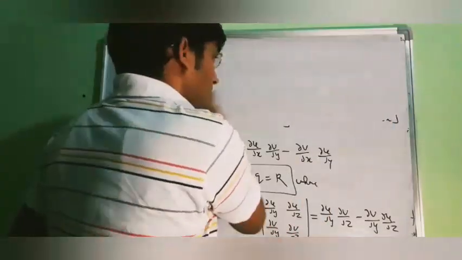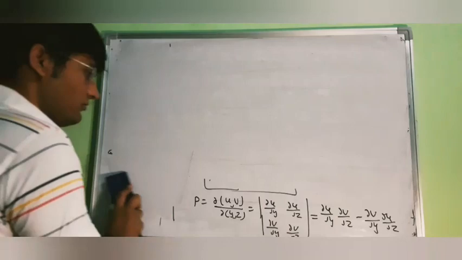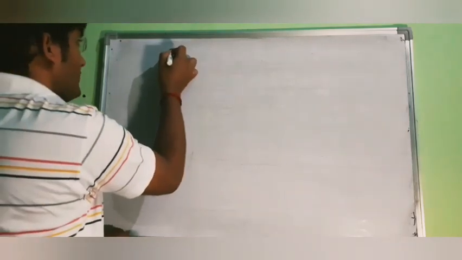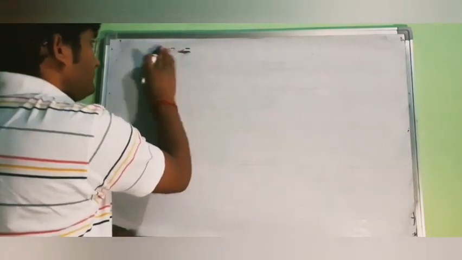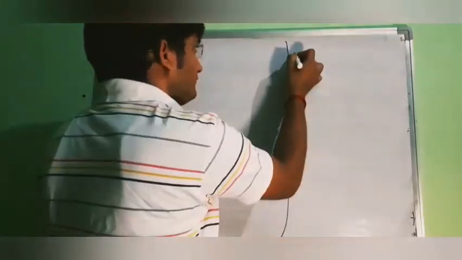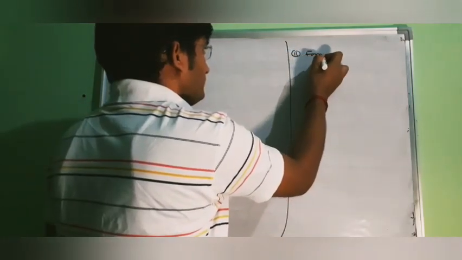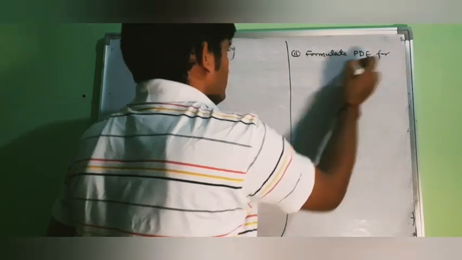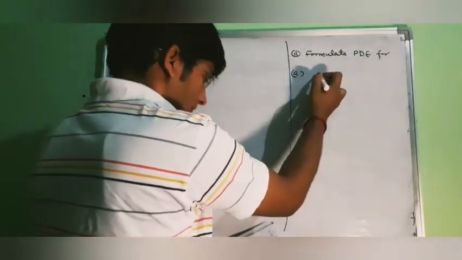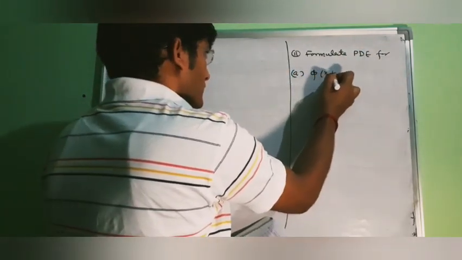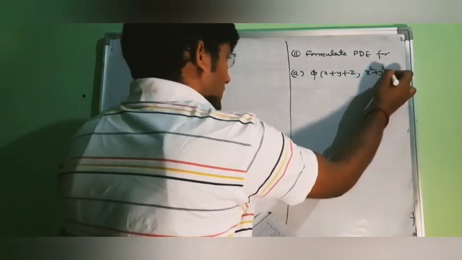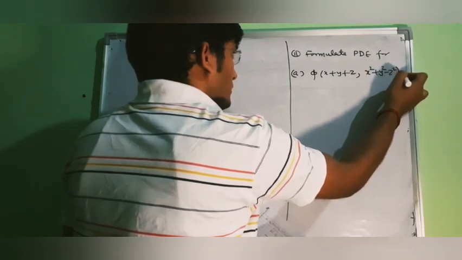So now let us formulate some questions. Second problem, formulate PDE for the first part. Say there is some function of x plus y plus z and x square plus y square minus z square equal to 0.